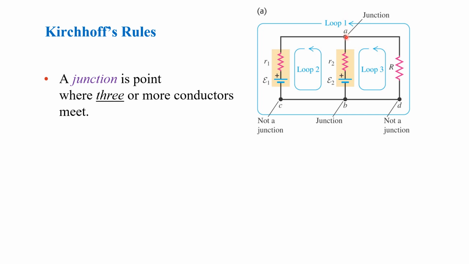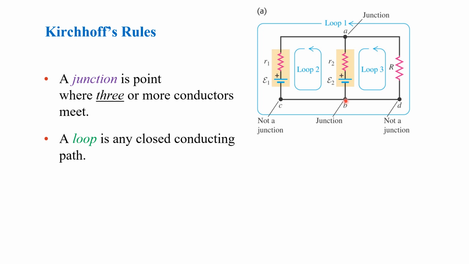That's still a junction. But if it's just two conductors or two wires that meet at a point, like at this point here, just 1, 2, then you cannot call this a junction. So this is not a junction, this is not a junction, this is also not a junction. Of course, this one is also not a junction. This is a junction, A is a junction, and point B is also a junction. So again, a junction is a point where three or more conductors meet.